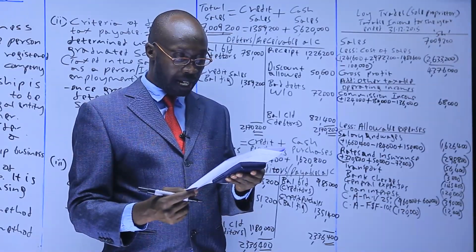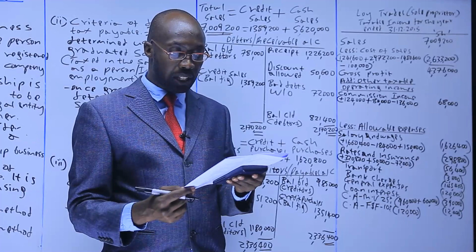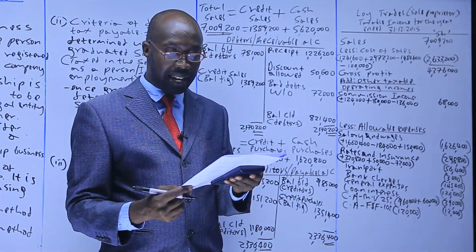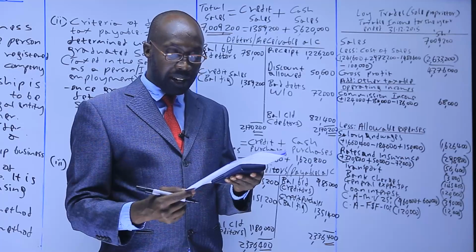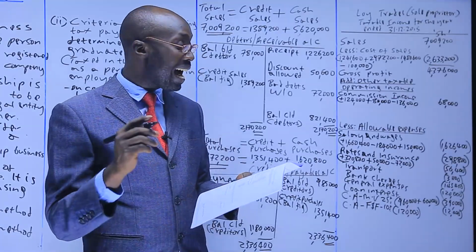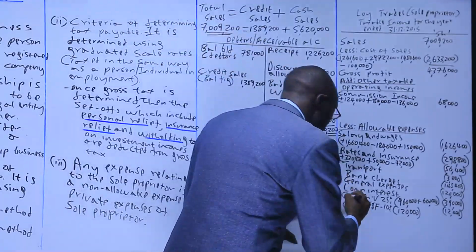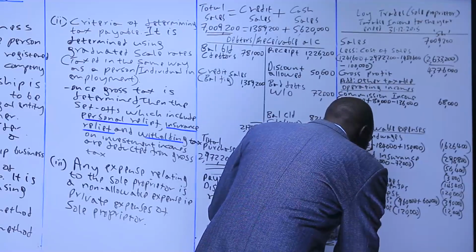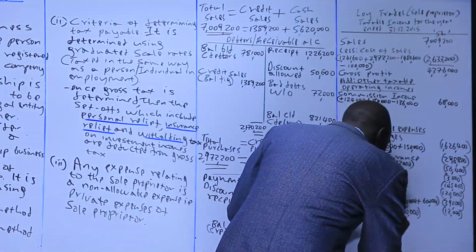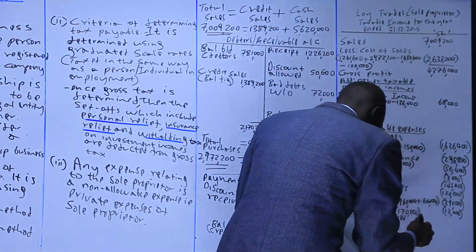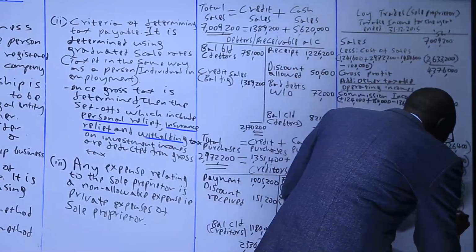Additional information. Number 1, discount allowed and discount received during the year were 50,600 and 151,200. Discount allowed is an expense, and an allowable one. We will have discount allowed, which we have 50,600.